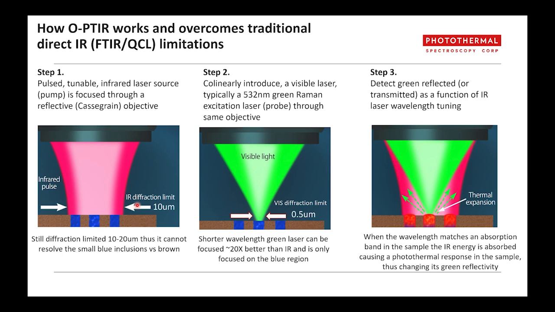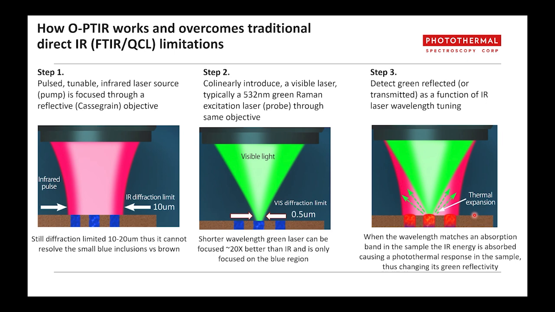So we have this tunable infrared laser that's tuning across the range of the infrared spectrum. It's pulsed, and as we tune it from one end to the other, at certain points you have sample absorbance. It depends on the chemistry of the sample, and on what wavelength you happen to be tuning past. But when the sample absorbs that light, you get a little bit of heating, a few degrees typically. Because the laser is pulsed, that heating is also pulsed.